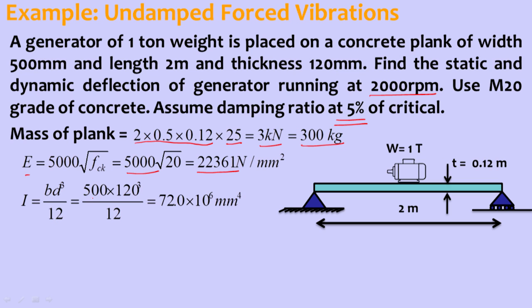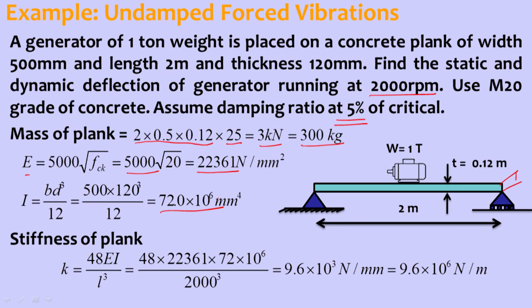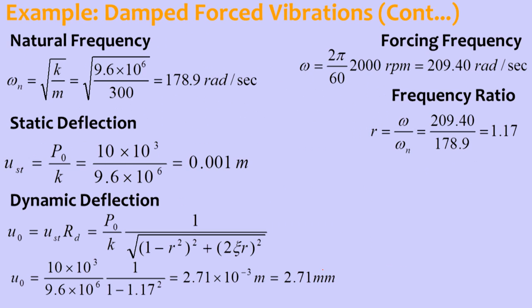So b is 500, depth is 120 mm, cubed, by 12, that is 72 into 10 to the power of 6. The stiffness of the plank is 48 EI by L cube. When we substitute all the above values, we get 9.6 into 10 to the power of 3 Newton per millimeter, or 9.6 into 10 to the power of 6 Newton per meter.